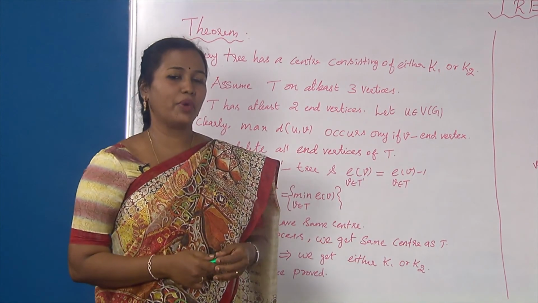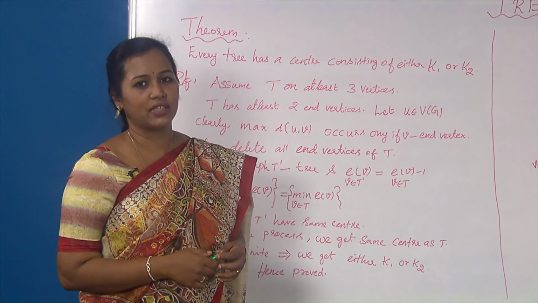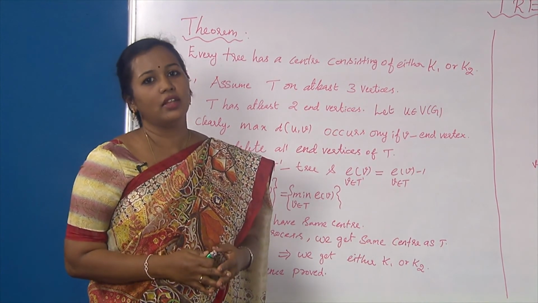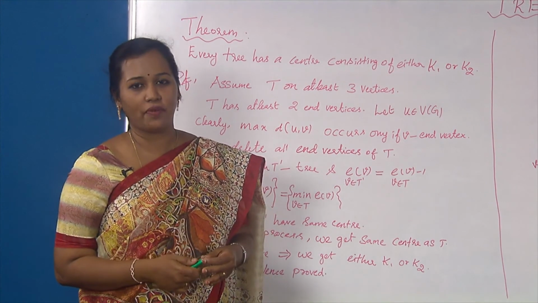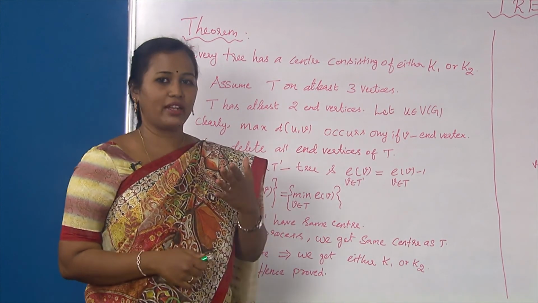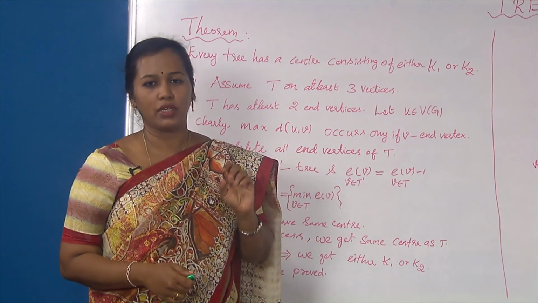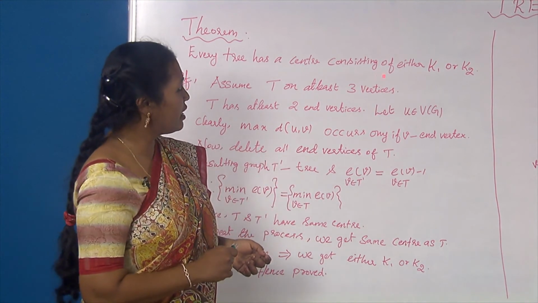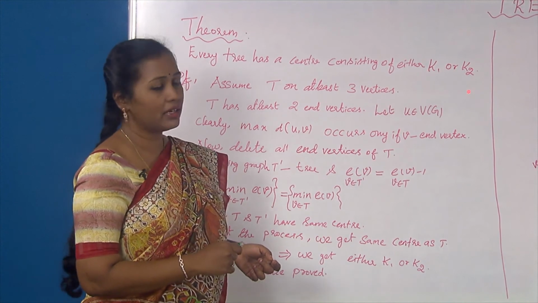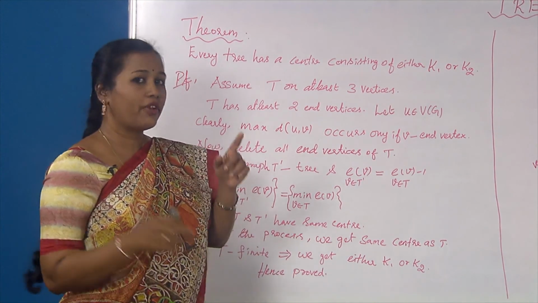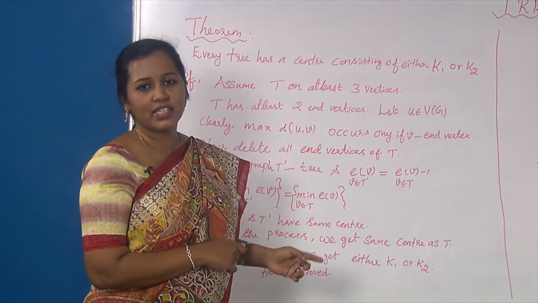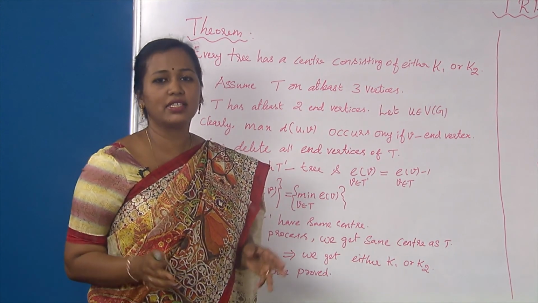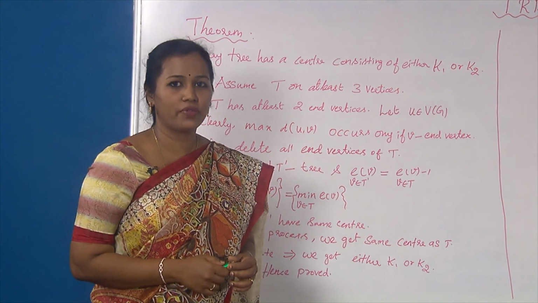If you remember the question that I posed at the beginning of this theorem, I asked you to find the center of the paths P4 and P3, and you had arrived at either K1 or K2 as the solution. So, it is in keeping with this theorem, and also that you can remove the end vertices. That is the technique that we have outlined in this theorem. You can remove the end vertices and arrive at the center of the graph.